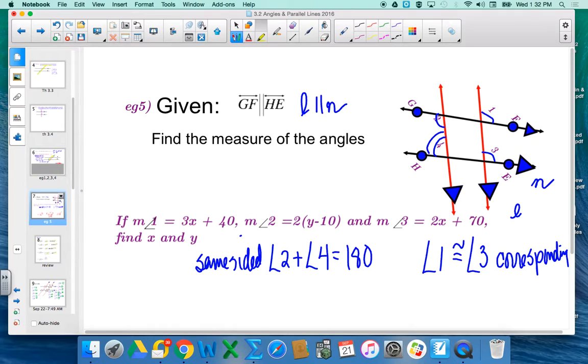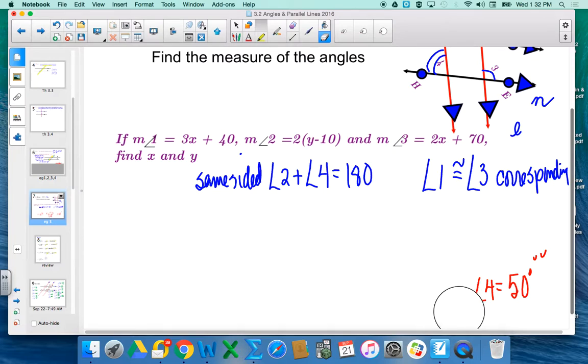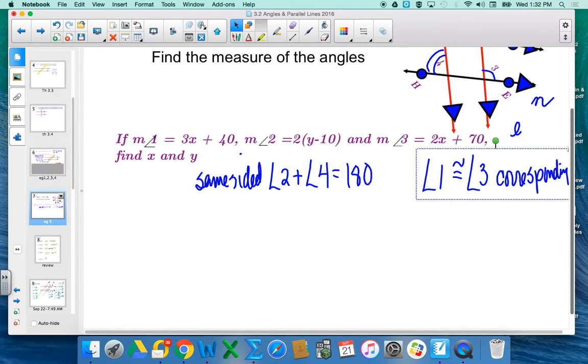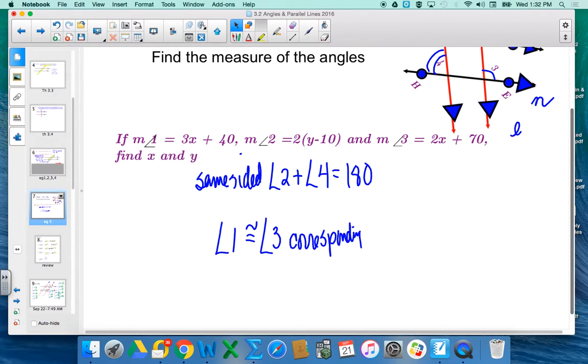Alright. So let's go back and fill in what we know. What do we know about 1 and 3? Well, we said that 1 and 3 were corresponding, but what does that tell us? If they're corresponding, that tells us they're congruent, right?